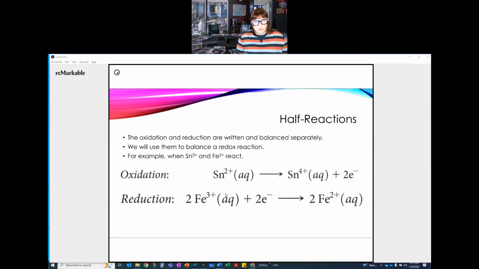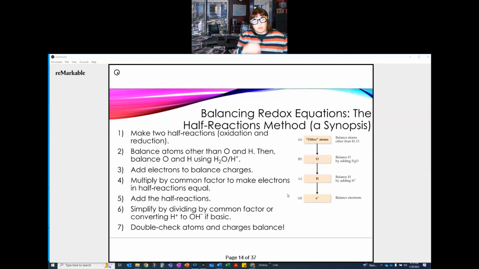But going from Fe3+ to Fe2+ is only 1 electron. But we multiplied this by 2, and the reason we multiplied that by 2 is because we need to have the same number of electrons on both sides. So once we do that, then we can add the two half reactions.